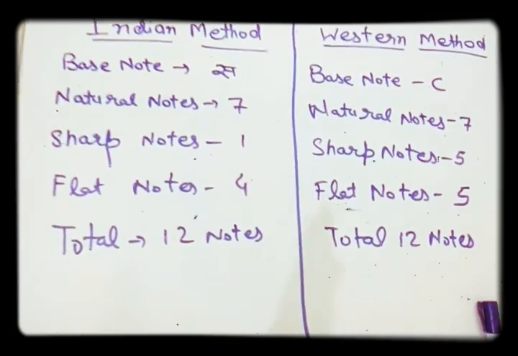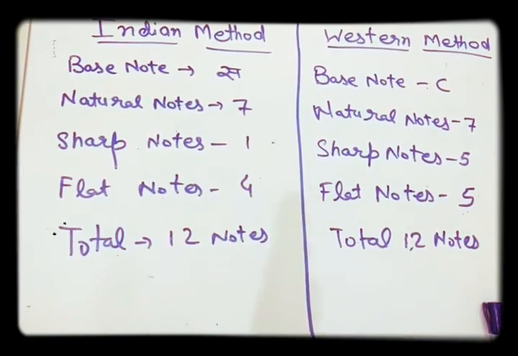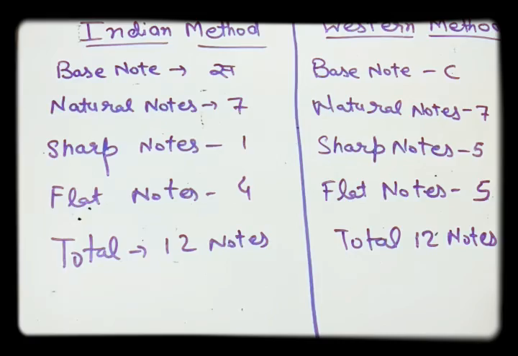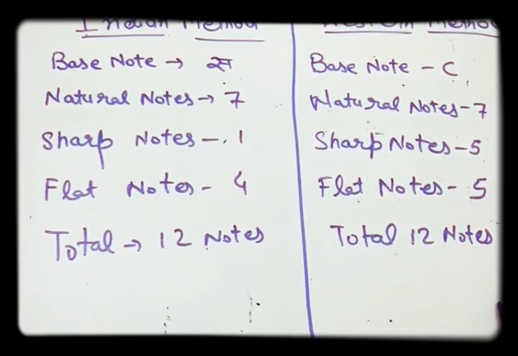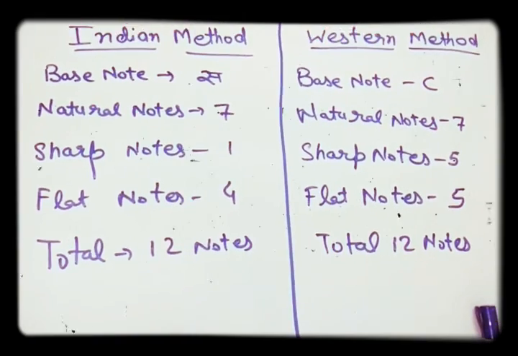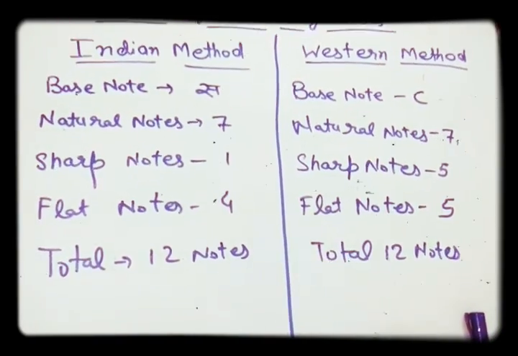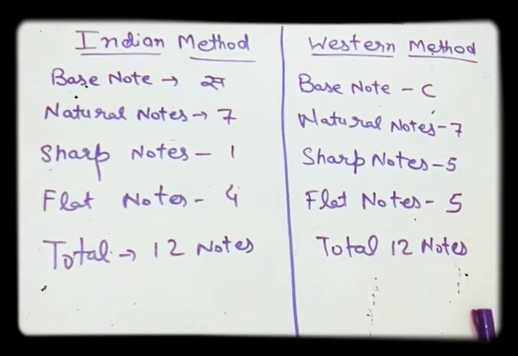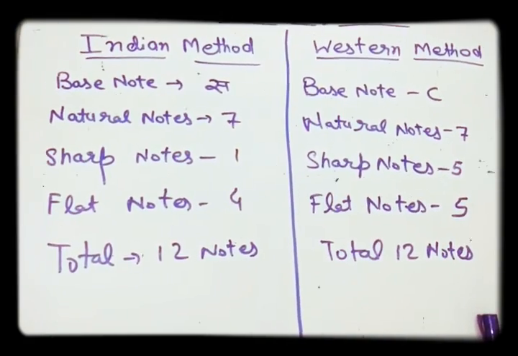Like we call it C sharp, and if we call it in flat notes, it would be called D flat. The same note would be called D flat in the Western method. So flat notes and sharp notes are all the same in the Western method, but we write them differently.